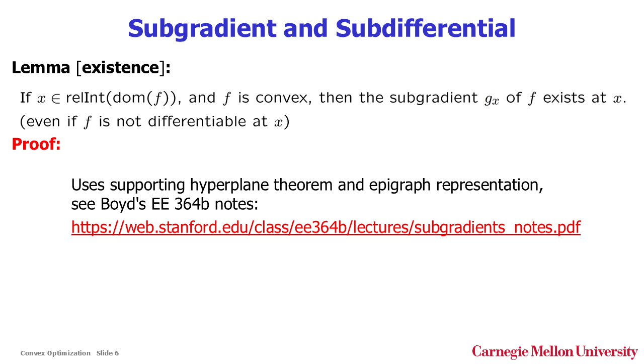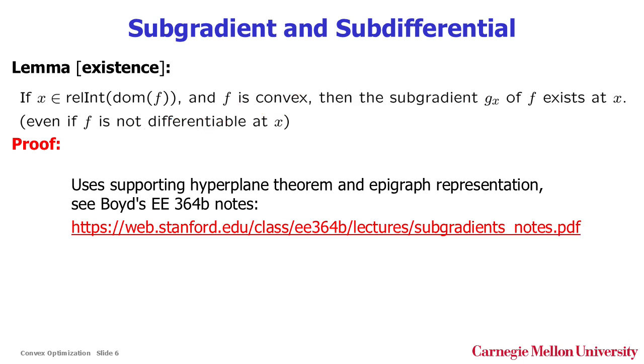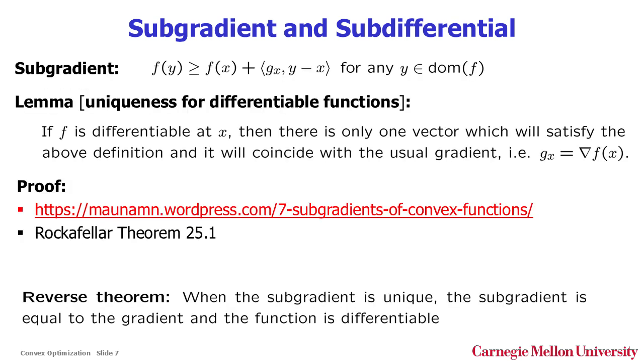We are not going to prove this now, but I leave here a link to the proof of this theorem. The proof uses the supporting hyperplane theorem of convex functions and the fact that the epigraph of convex functions is a convex set.